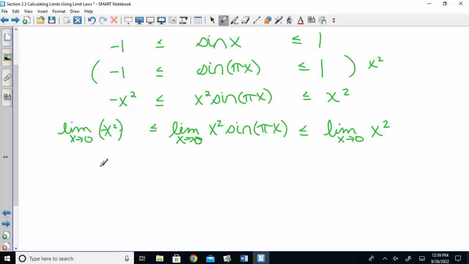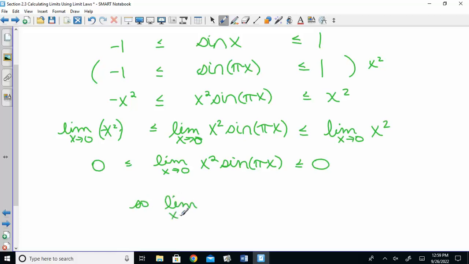The limit as x approaches 0 of negative x squared is 0. We can't work out the middle. And the other one is also equal to 0, so this limit equals 0.